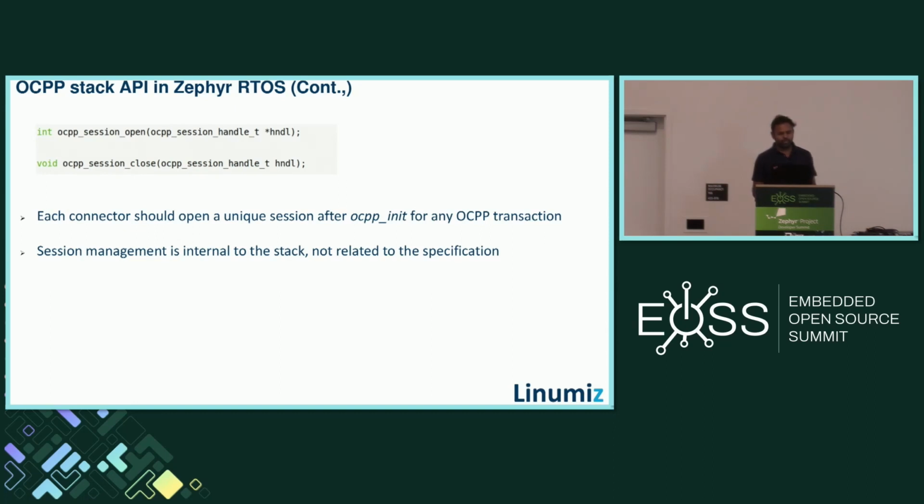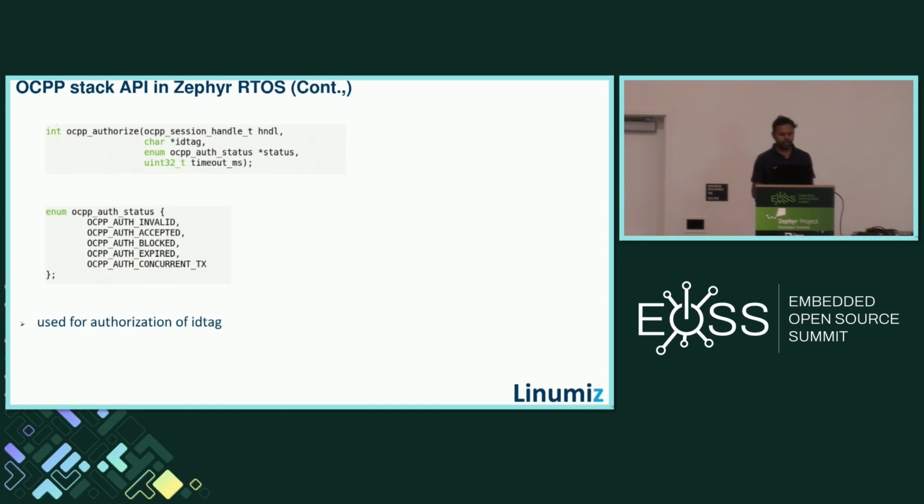The charge point may support n number of connectors, and each connector should open a new unique session before any further start transaction or stop transaction API is used. The session management is solely internal to the stack and not relevant to the specifications.